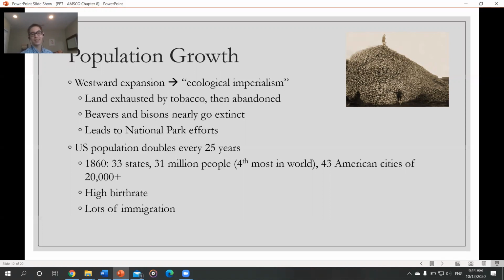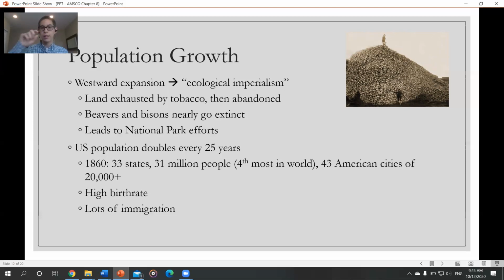But this has huge effects that's sometimes called ecological imperialism or environmental imperialism. As they expanded west, they destroyed the land, first by growing tobacco there, which ate up all the nutrients, and then just abandoning the land. As they went west, they also slaughtered beavers and bisons and buffalo as well for food, which led them to nearly go extinct.